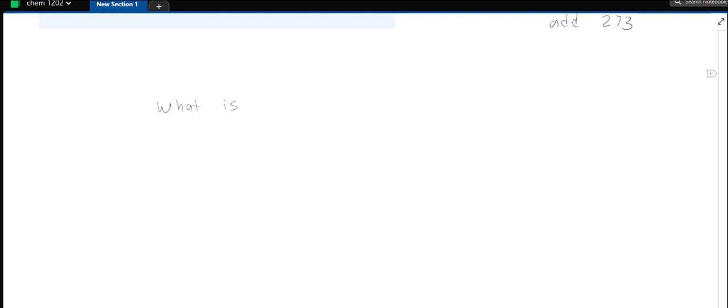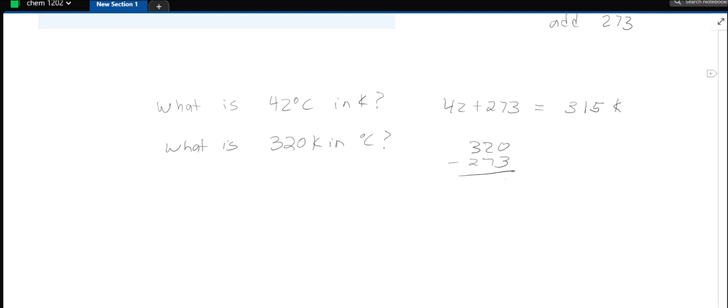So if I had, what is 42 degrees Celsius in Kelvin, we just do 42 plus 273 equals 315 Kelvin. What is 320 Kelvin in degrees Celsius? Take 320 minus 273 and get 47 degrees Celsius.